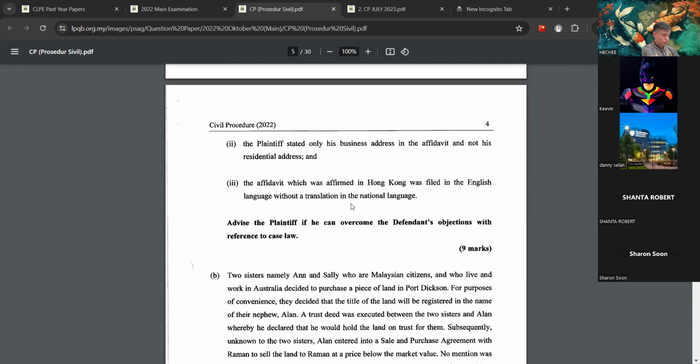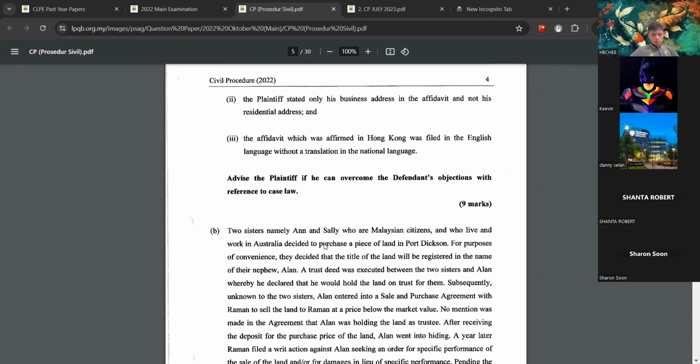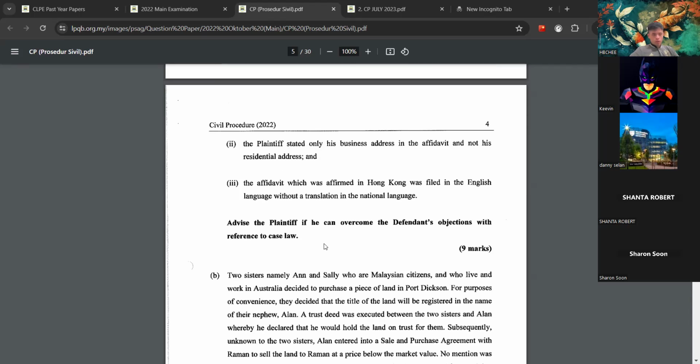Yes, it's the Rules of Court, Order 41, Rule 13. Under Order 41, Rule 13, unless directed by the court, the language will not be an issue. Okay? Easy peasy, right?